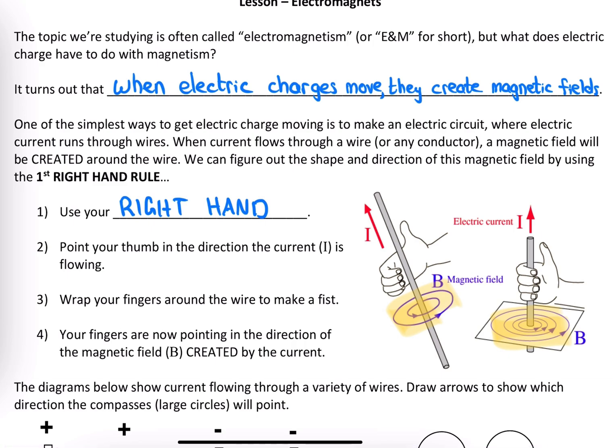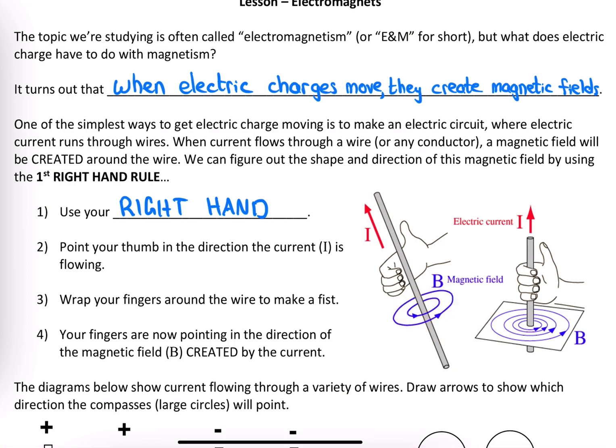Remember, magnetic field lines always form complete loops. They don't start and end at certain places like electric field lines do. And these loops are going to be going the same direction around the wire that your fingers are. So that shows us how to find out what the magnetic field created by an electric current looks like.